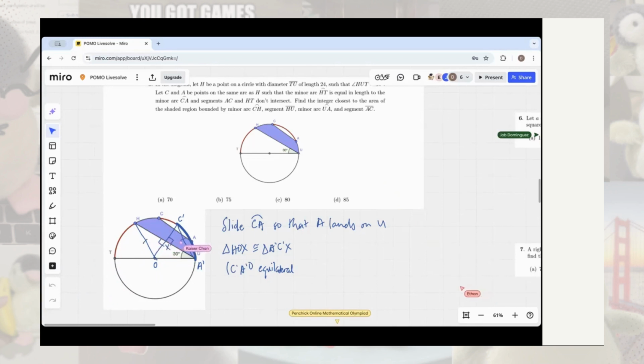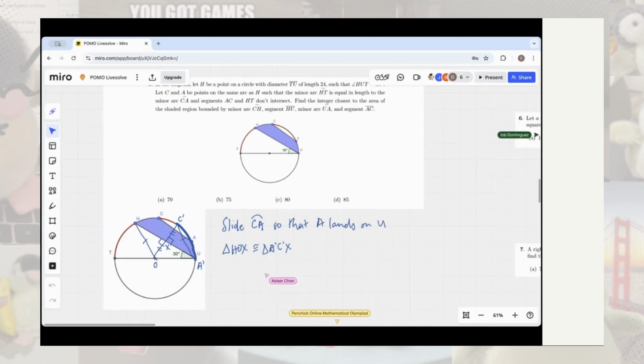And then you also have OX is equal to C prime X, because the HU bisects side C prime O due to the 30 degrees.